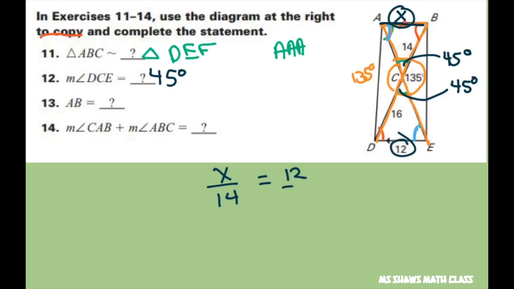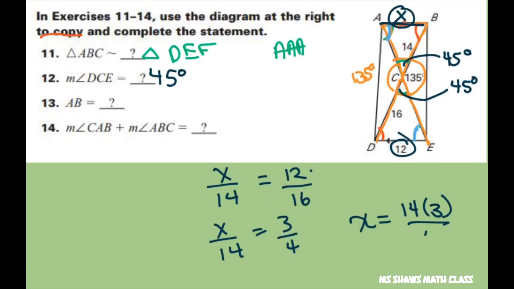So X is to 14, I'm going to reduce this by 4, it's 3/4. So X equals 14 times 3 divided by 4. I can reduce both of these by 2, so that's going to be 21 divided by 2, which is 10.5.